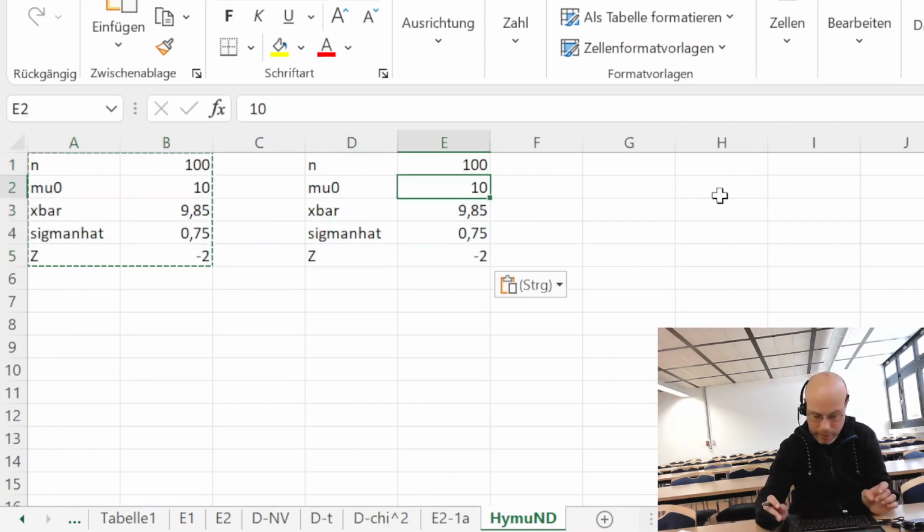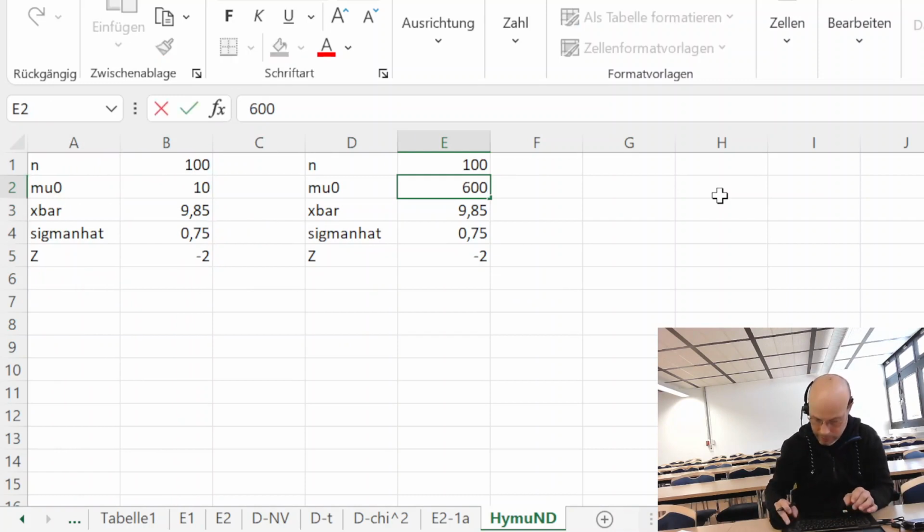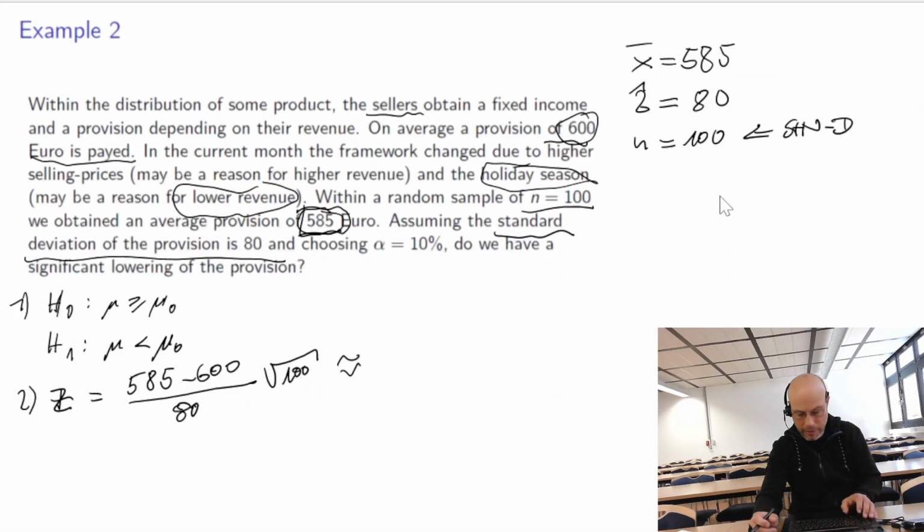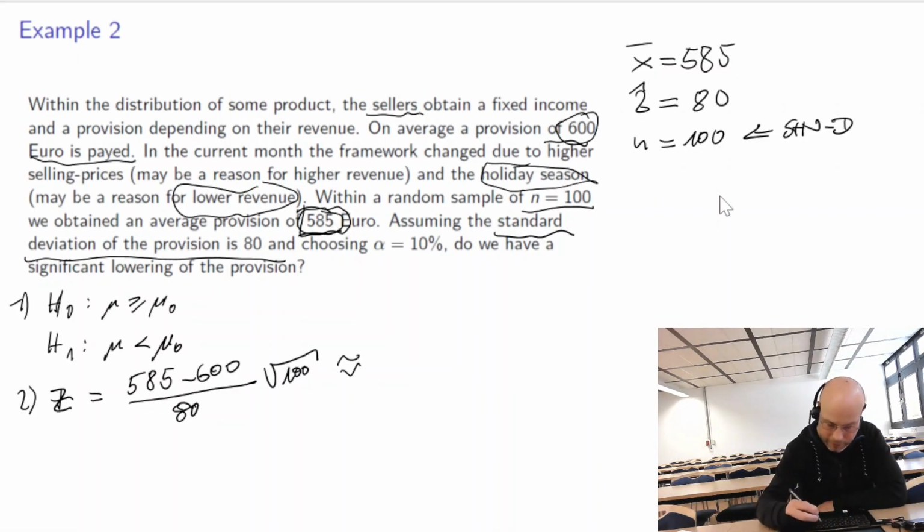This is now 600, 585, 80. So we obtain minus 8.75, minus 1.875.